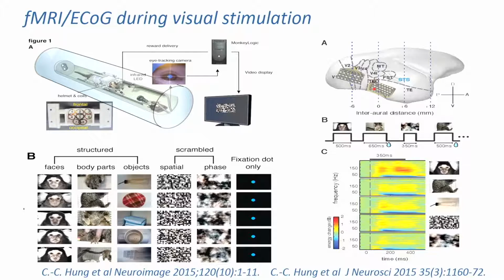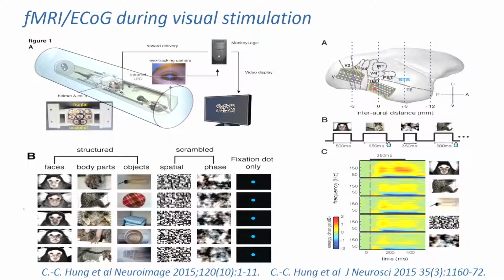But basically, one of the very first experiments that we did was to try to understand whether different areas of the marmoset visual cortex were parcellating the scenes based on the structure of the images. So if we present, for example, images of other marmosets, what areas of the visual cortex are responsible for processing information of faces versus body parts versus familiar objects.